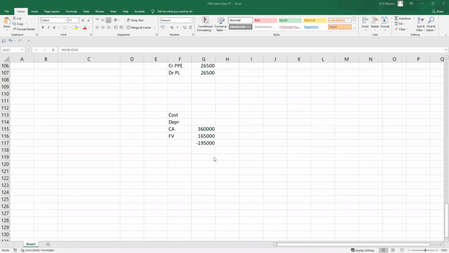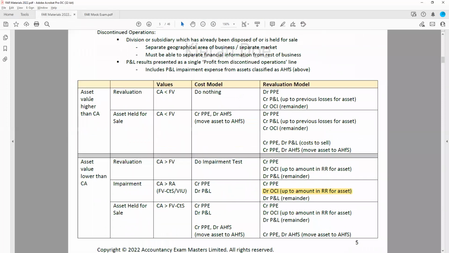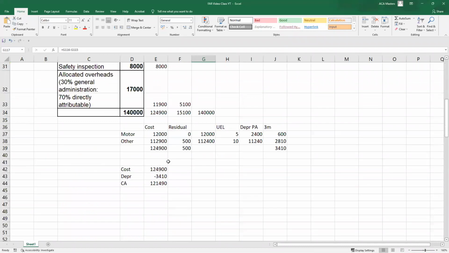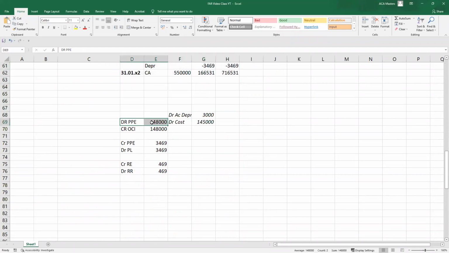Now this is very similar to what we've seen before, a downwards revaluation effectively. So if you're under the revaluation model and you did your revaluation every year and the fair value is now lower than the carrying amount, so maybe our first or second example we looked at where we measured it under the revaluation model and it had gone up and therefore we credited OCI and debited PPE.